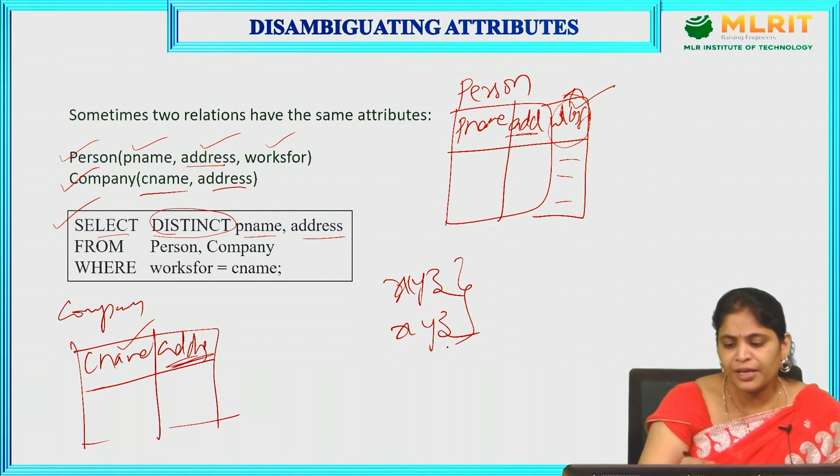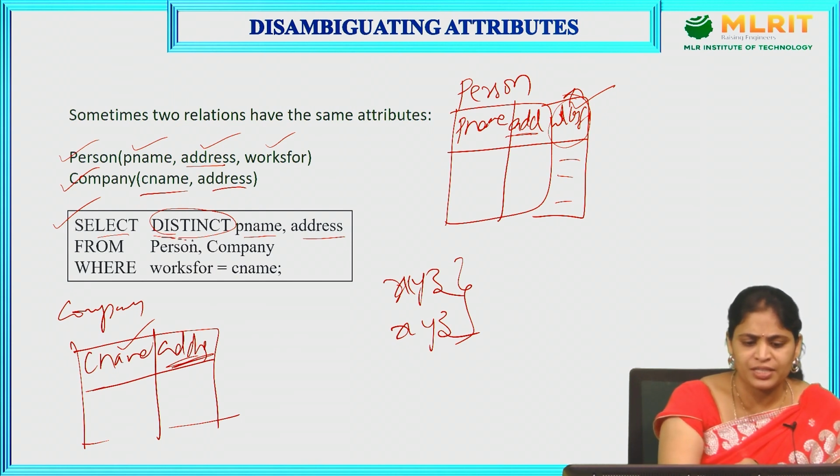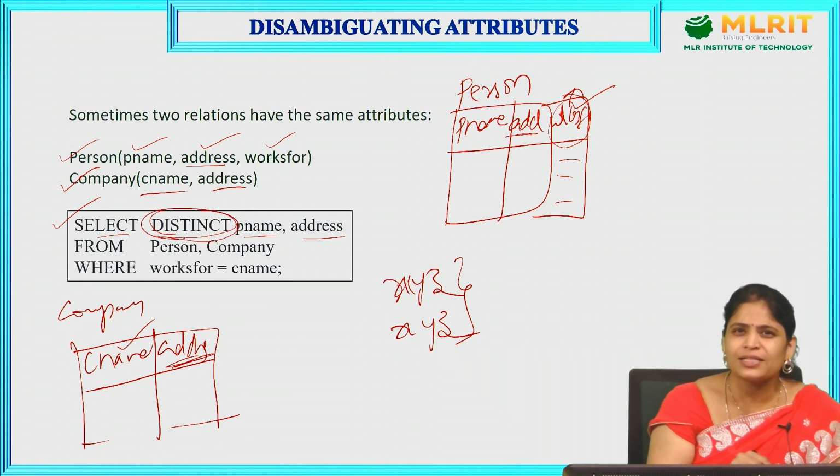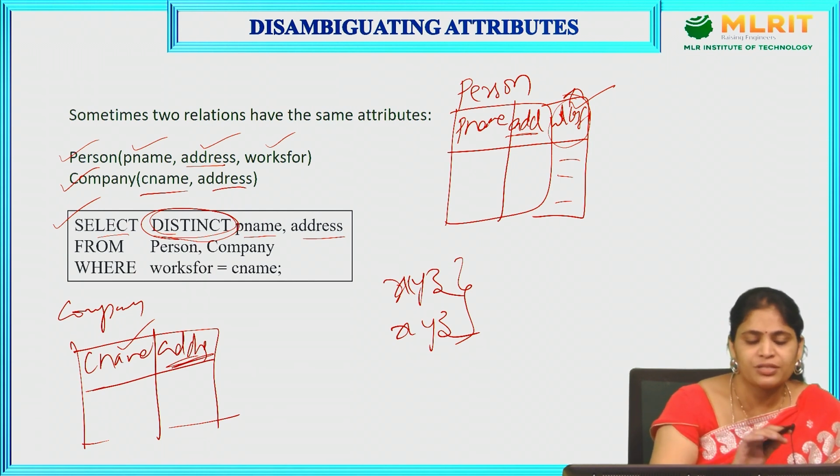The same name will be displayed only once by using the distinct keyword. Distinct means the values must differ, so the same names must not be displayed again and again.